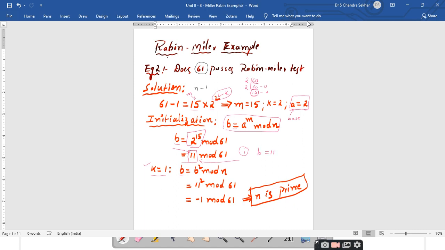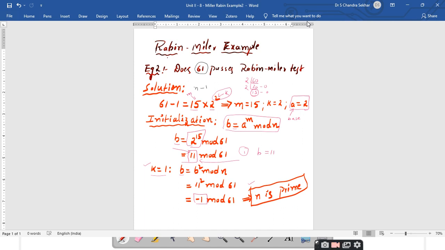I take 11, and 11 square mod 61 is 121 mod 61, which is minus 1 mod 61. When we get the remainder as minus 1 while calculating the b value inside the loop, then you can simply declare that n is prime.